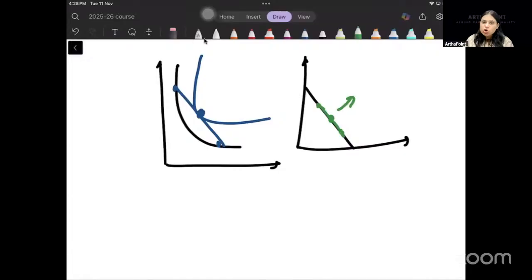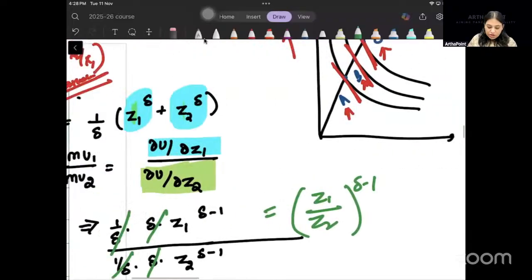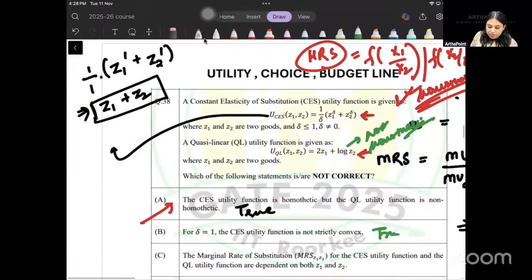So it is convex and concave, but neither strictly concave nor strictly convex. So a line is both concave and convex. So this is a true statement because it is saying not strictly convex. Correct? Nothing wrong with it.